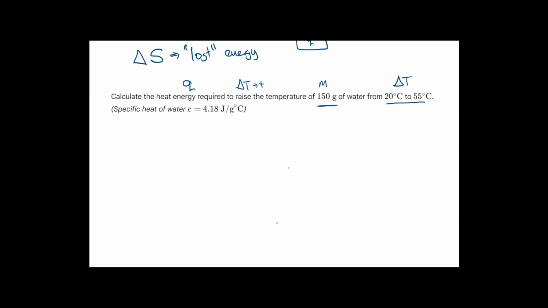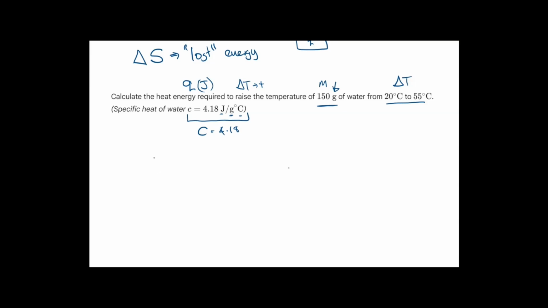So that's going to be our change in temperature. And we're given explicitly that the specific heat capacity is 4.18. Now, notice the units, it's joules per gram degree Celsius. So this is already in grams, which means our answer is going to need to be in joules.